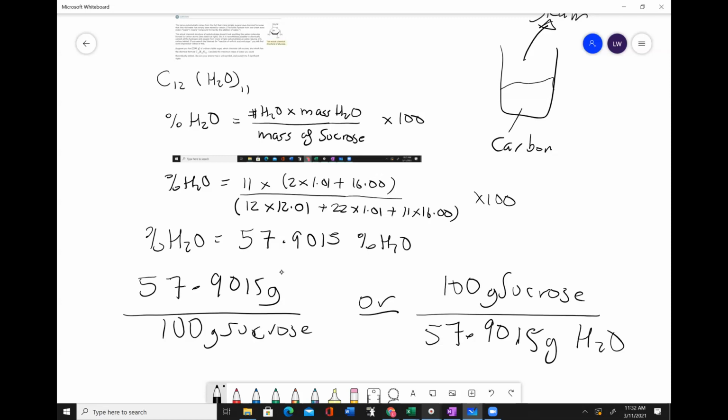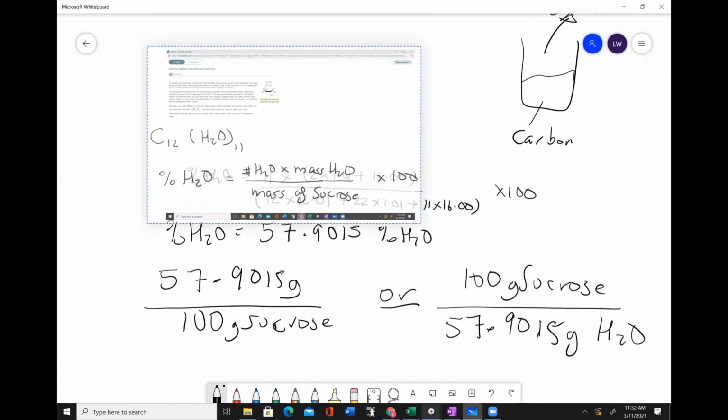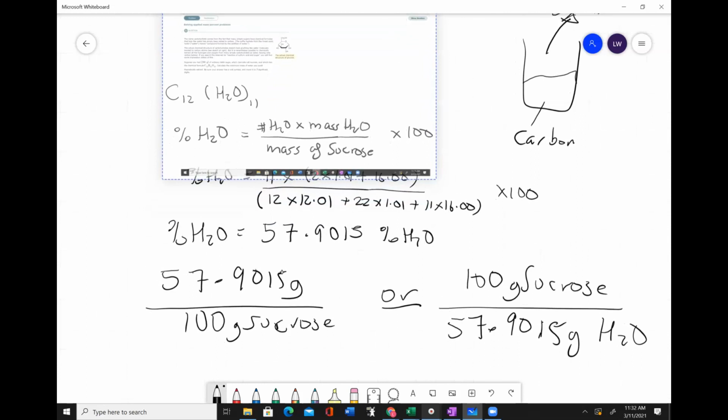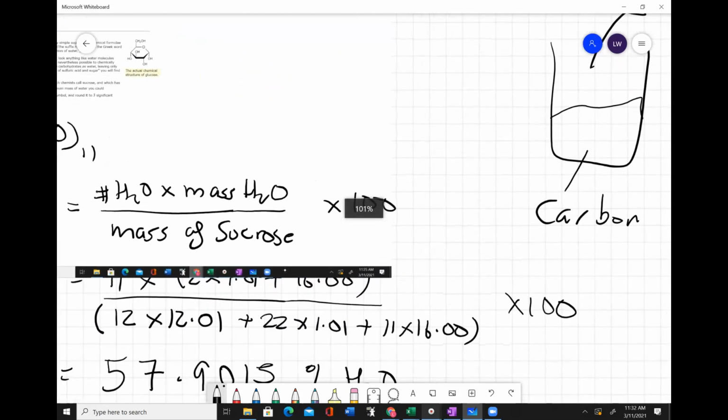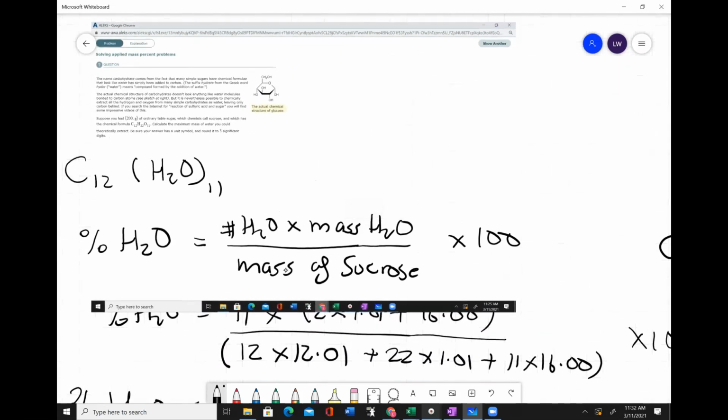And the problem says, if you had 200 grams of sucrose, how much water do you have? So we've got 200 grams of sucrose is what we're starting with, and we want to end up with grams of water.